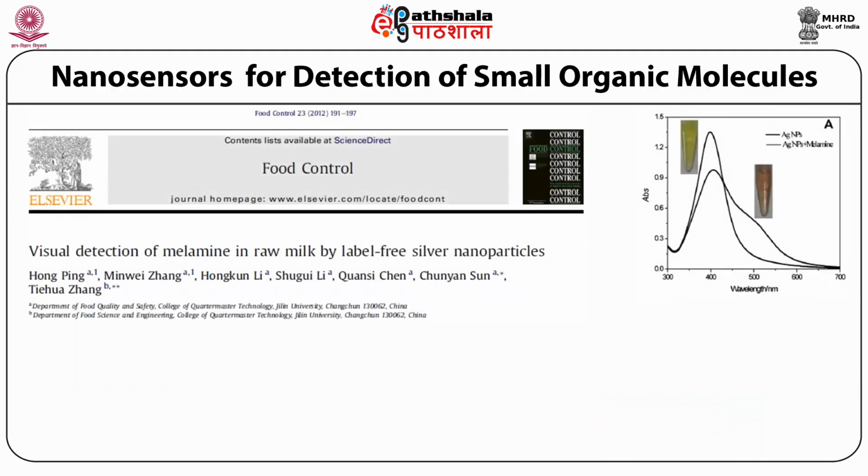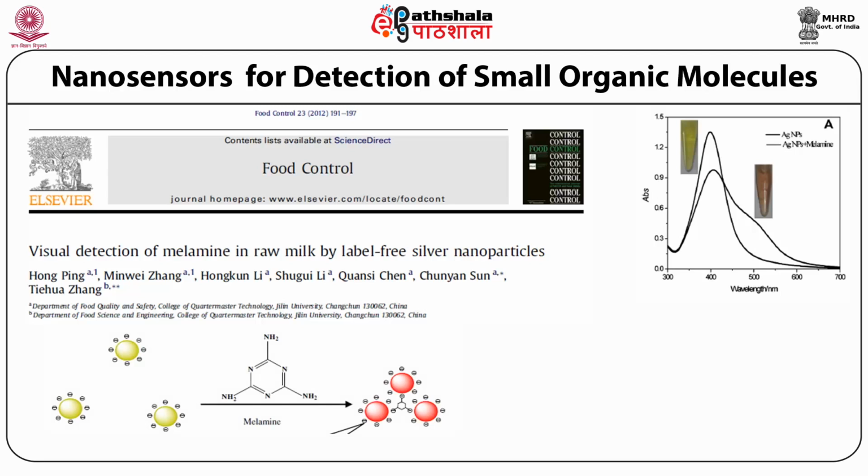This is yet another example of a visual detection of melamine in raw milk by label-free silver nanoparticles. The difference in this work is that the nanoparticles are label-free, which means that they have not been functionalized with any groups. The yellow colored dots that we see are silver nanoparticles, which, when they come in contact with melamine, whose structure is shown in the middle, agglomerate and change their color to pink.